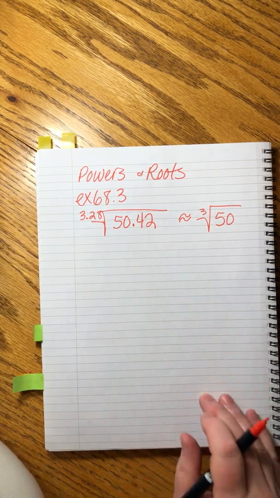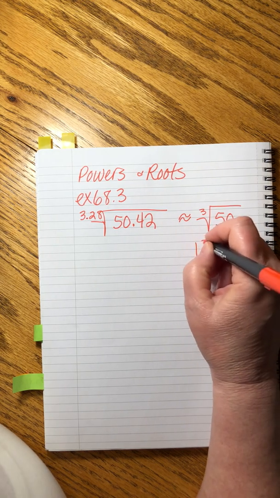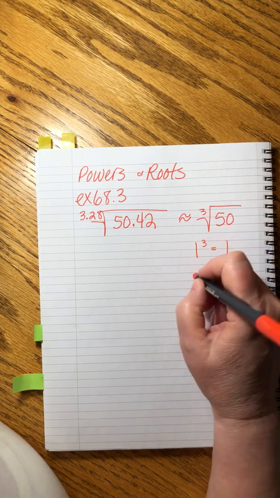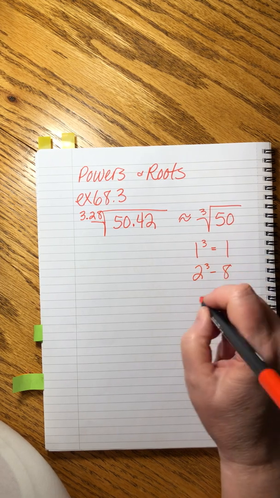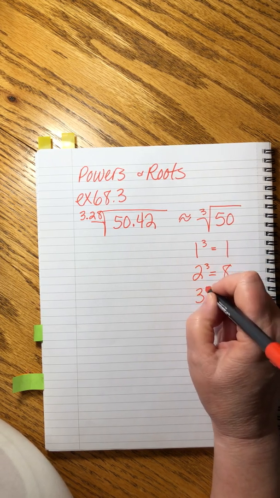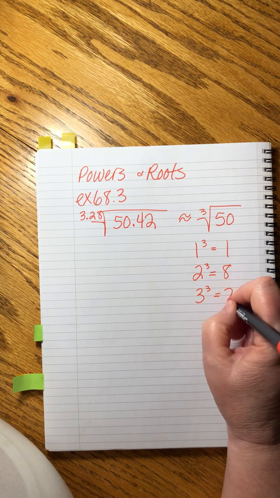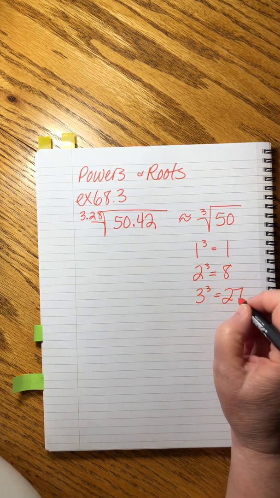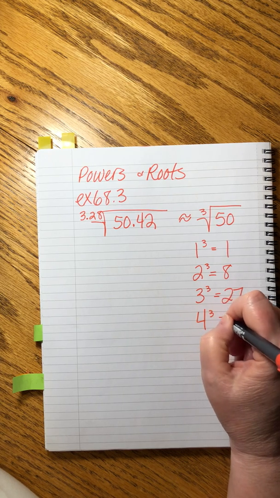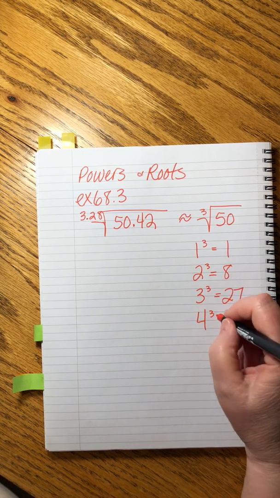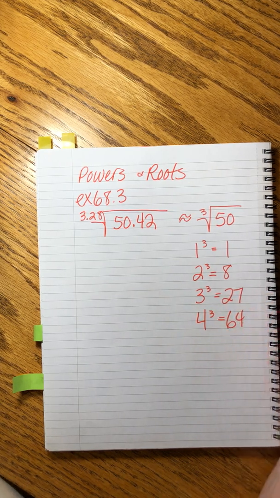So let's make a list right here of our perfect cubes. 1 cubed equals 1. 2 cubed equals 8. 3 cubed equals 27. We're getting closer. 4 cubed, 4 times 4 is 16 times 4 is 64. Okay, we've done it.